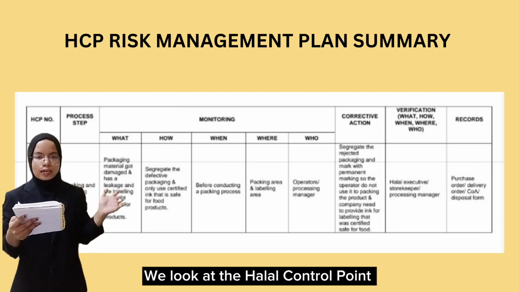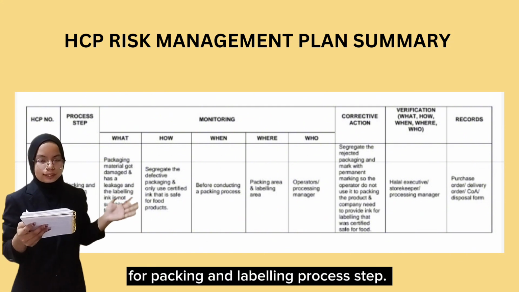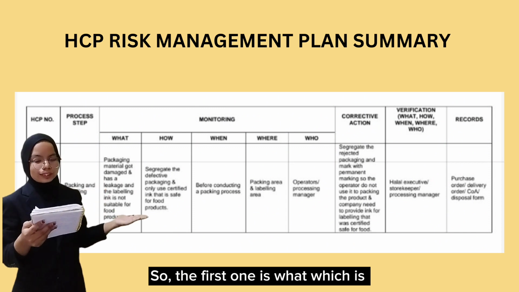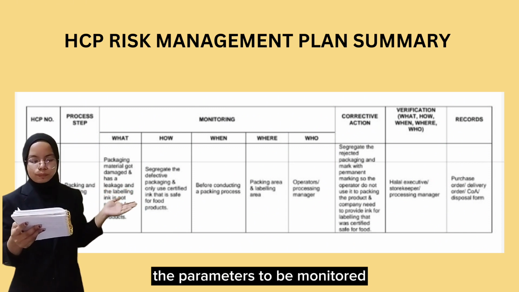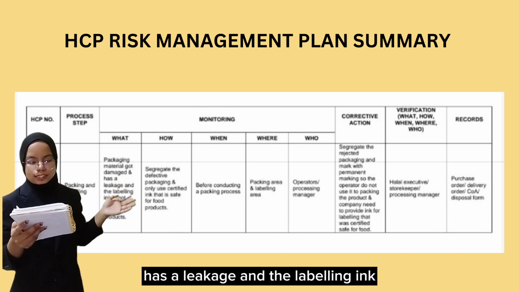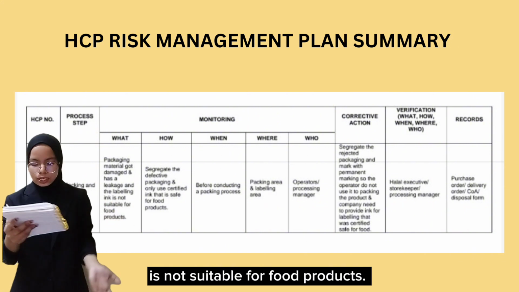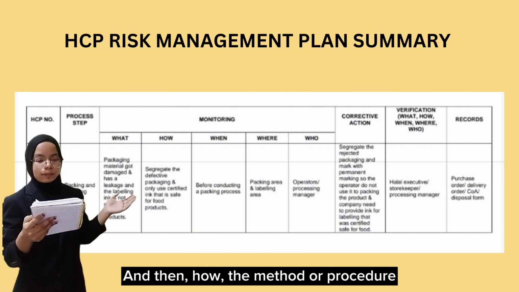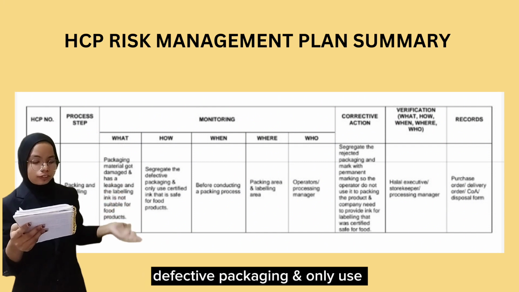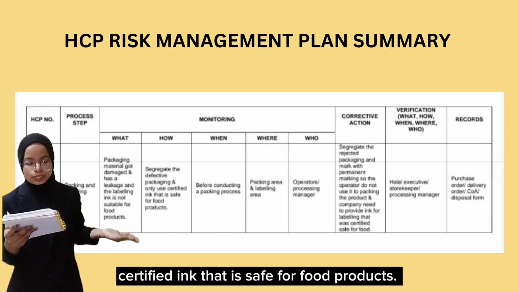We look at the halal control point risk management plan summary for the packing and labeling process step. The first one is what, the parameters to be monitored: packing material record damage and leakage, and labeling ink that is not suitable for food products. Then how, the method or procedure to be monitored is to segregate the defective packaging and only use certified ink that is safe for food products.